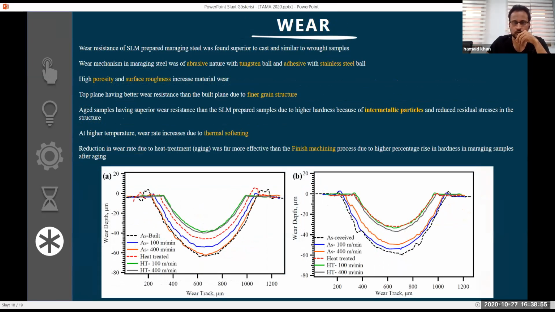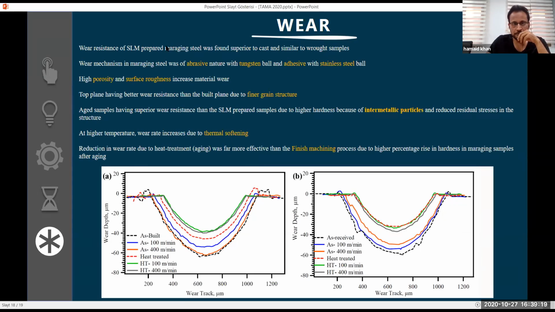Next, and the final slide, is about wear resistance. We saw that if we heat the material and make it harder, it will be more difficult for the balls, or tungsten balls, that we use for wear applications to make an impression. So the structure becomes harder and the wear resistance improves if we make the material harder.